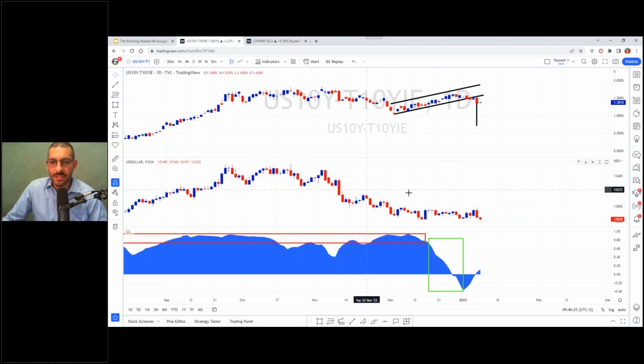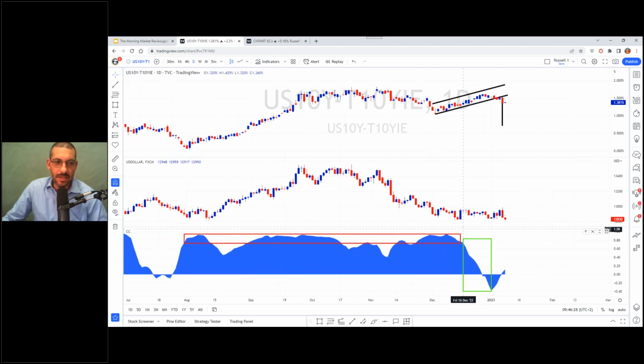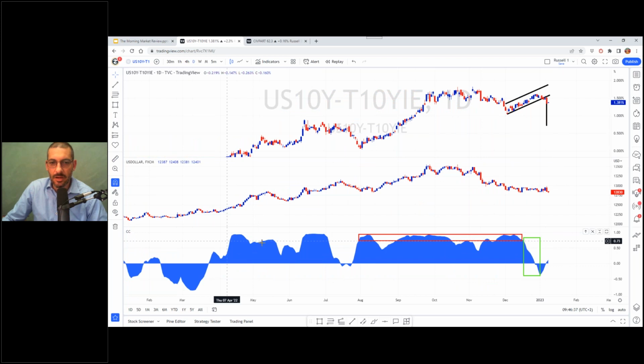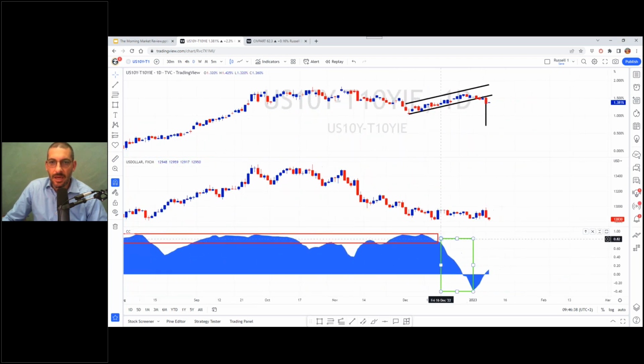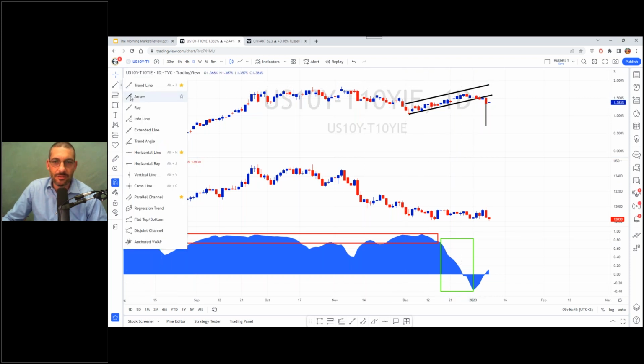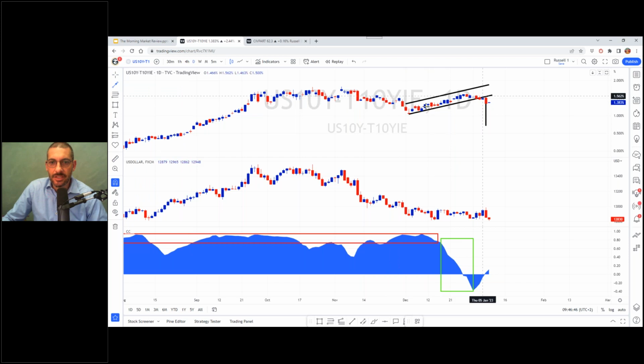Now, what's interesting to me is the correlation coefficient, which is at the bottom. It's been very robust for most of 2022, since the second quarter. But as we had this potential flag, the dollar didn't follow the rates up.